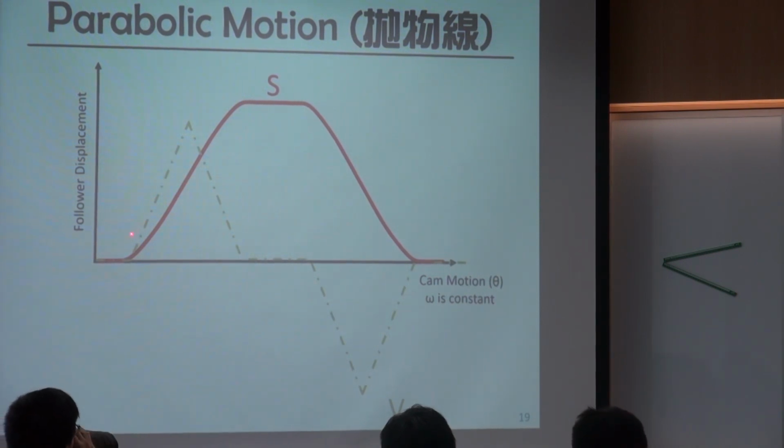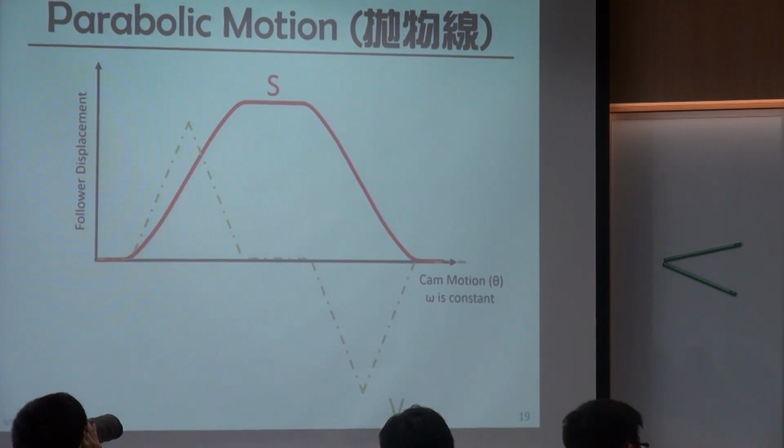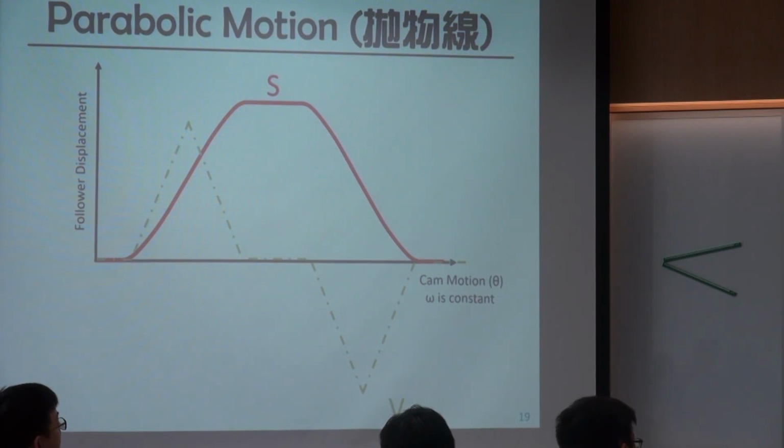The first one is going up, and the second one is going down because of the negative sign before the theta. So we can further find the acceleration. Acceleration is a time derivative or theta derivative of this curve. Then you'll find the A is in this form.